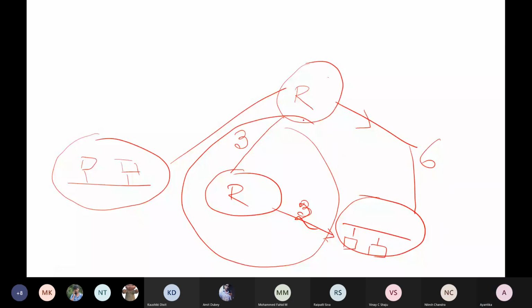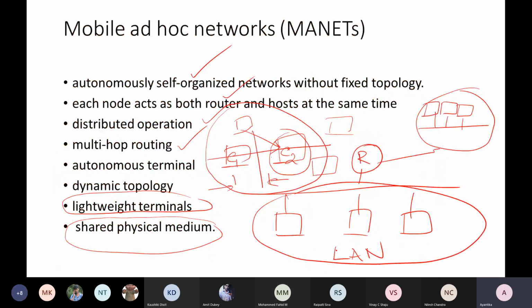So this allows multi-hopping, hopping from one node to another, and then you are actually taking the least cost path. So that is the concept of the multi-hop scenario. We will take the example of how to calculate the cost of this multi-hop routing.